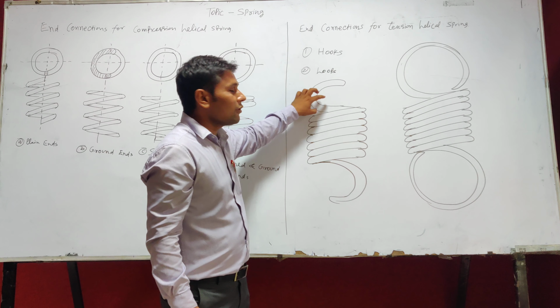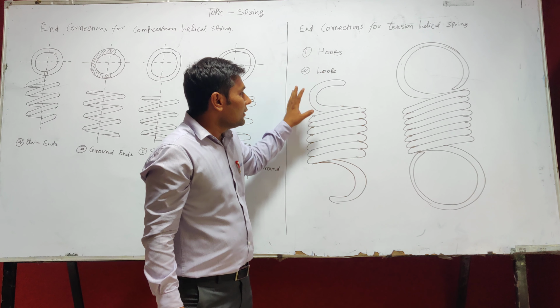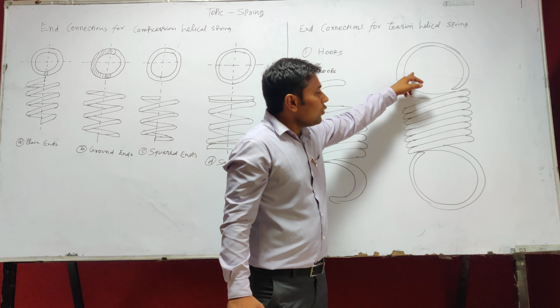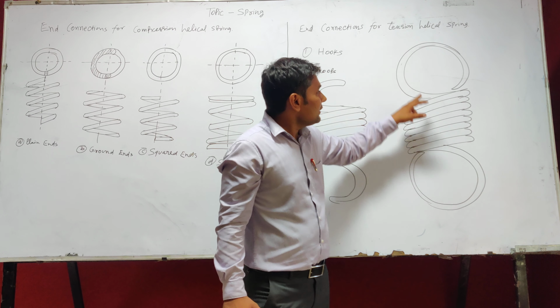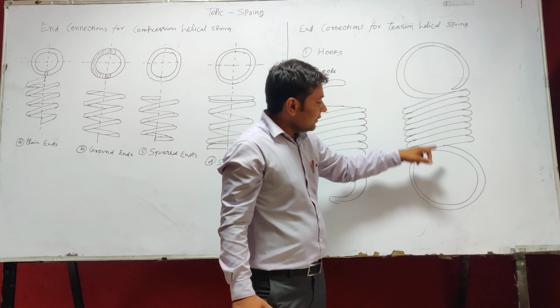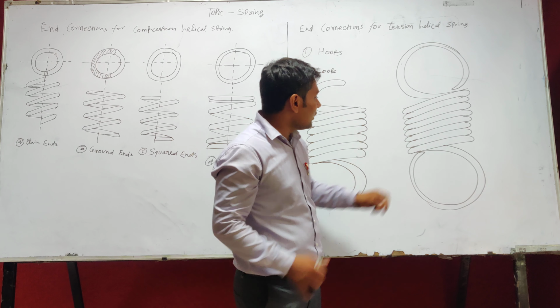This is an inactive coil because in this coil no deflection occurs. In the loop type, two coils are used for the end connection, and this is an inactive coil, this is an inactive coil, and this is an active coil.